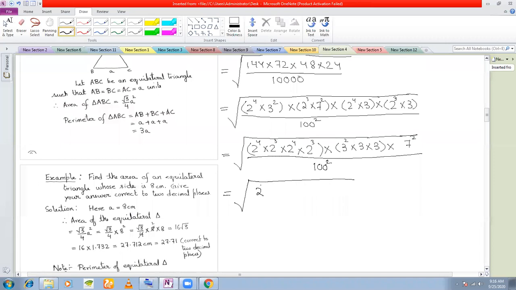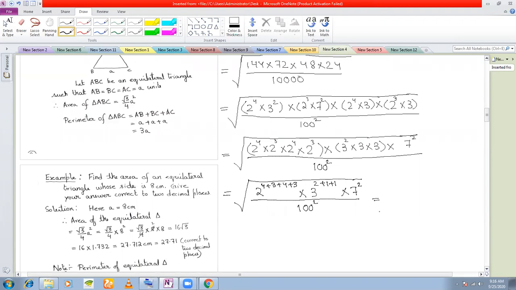This is 2 to the power of 4 plus 3 plus 4 plus 3, into 3 to the power of 2 plus 1 plus 1, into 7 square, divided by 100 square.